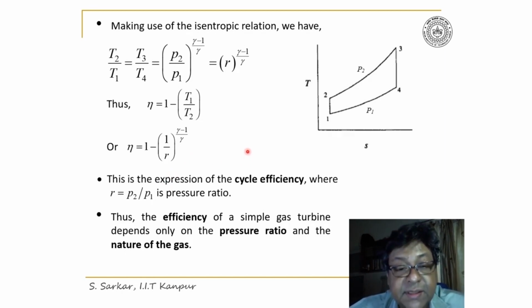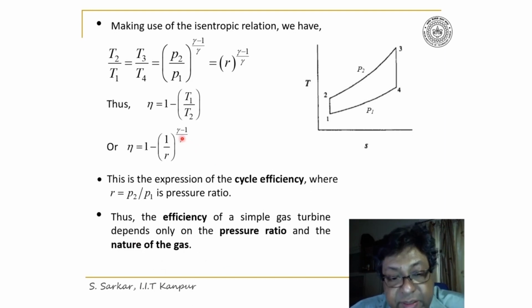Thus, the cycle efficiency depends on the pressure ratio and gamma. Following this, I have written here that the efficiency of a simple gas turbine cycle depends only on the pressure ratio and the nature of gas. Why have I written the nature of gas?